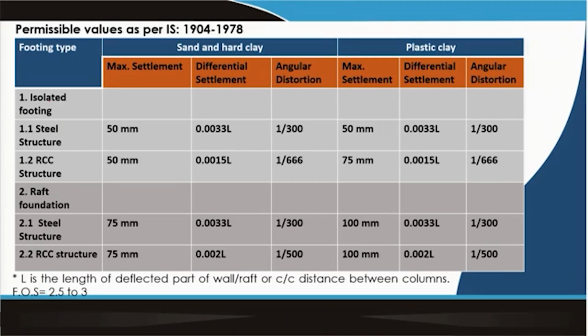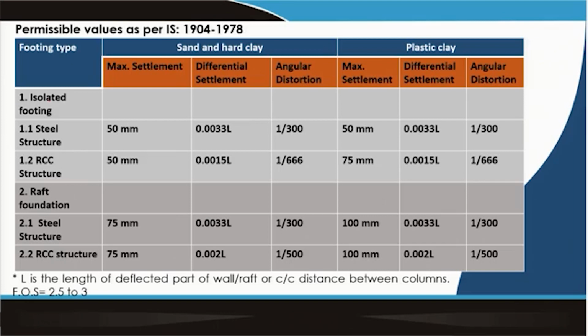Whereas for plastic clay, for isolated footing, it is 50 millimeter for steel structure and 75 millimeter for RCC structure, and for raft foundation on plastic clay it is 100 millimeter.